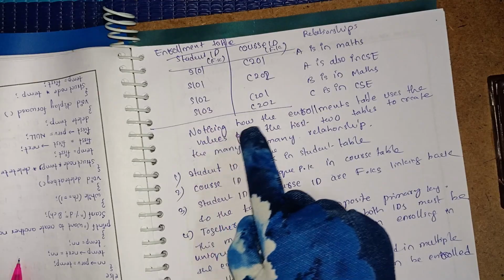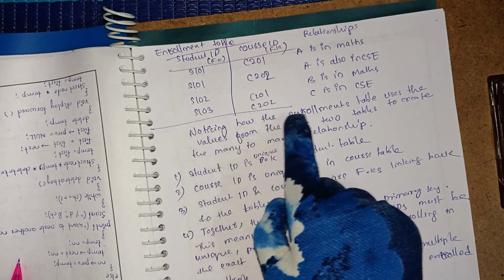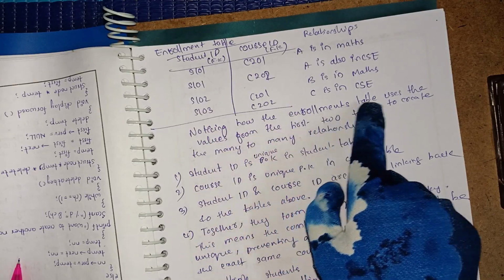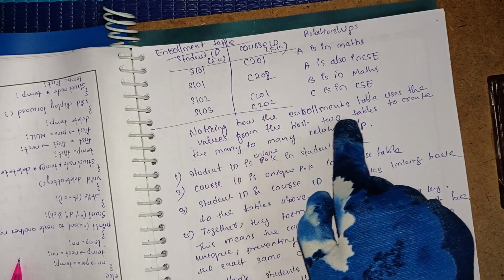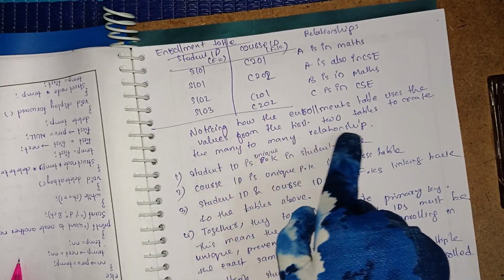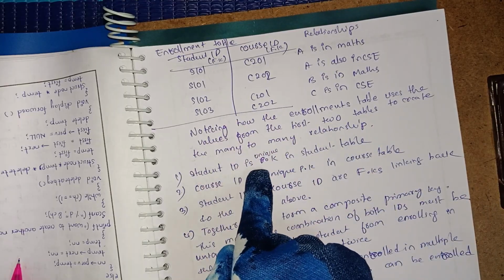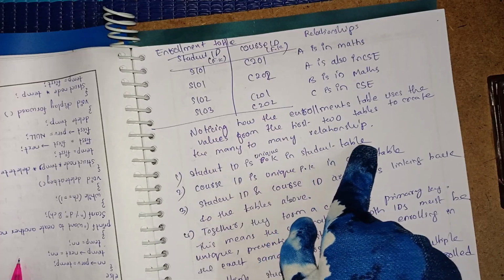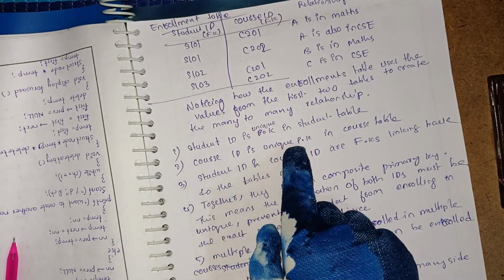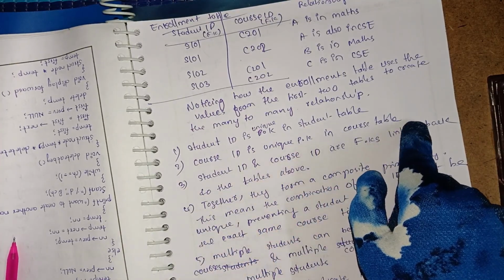Noticing how the enrollments table uses the values from the first two tables to create the many to many relationship. Student ID is a unique primary key in the student table, and course ID is a unique primary key in the course table.